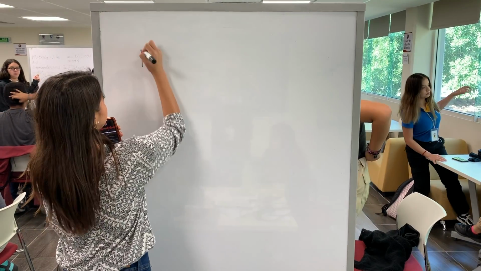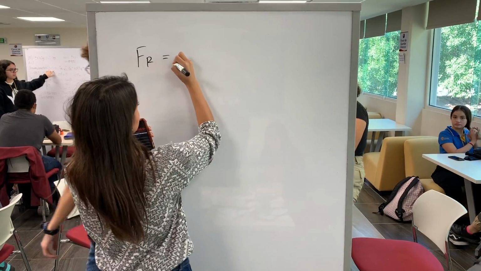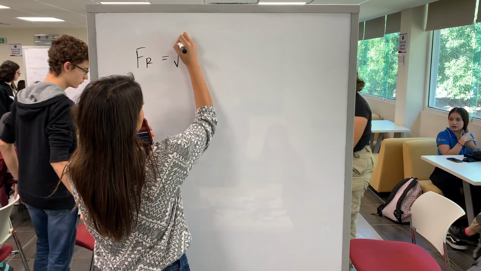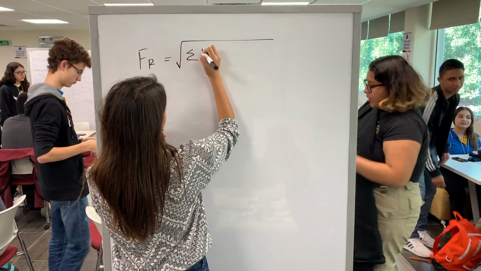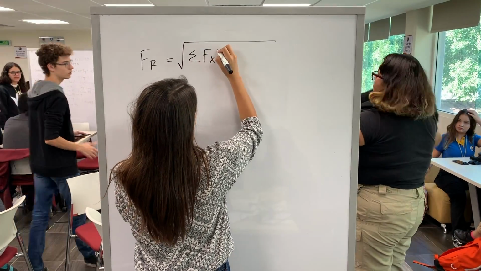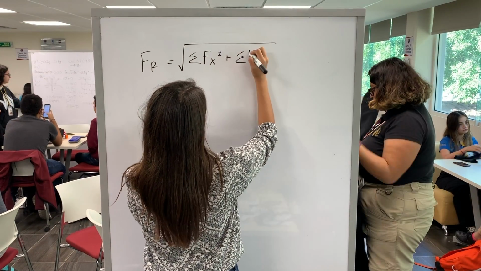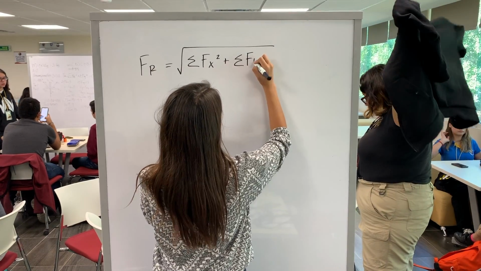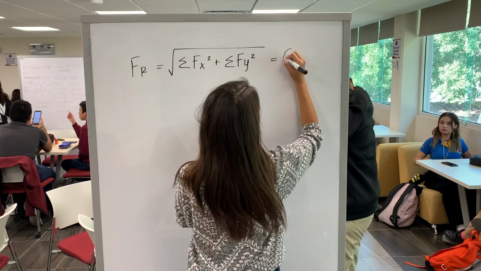The resultant force is equal to 0, and the formula for the resultant force is the square root of the summation of forces in x squared plus the summation of forces in y squared, and this is equal to 0.